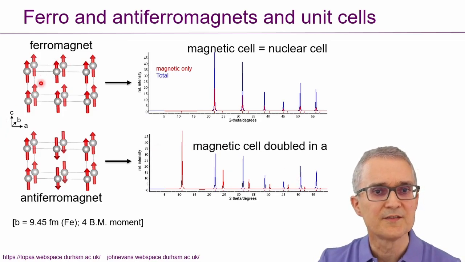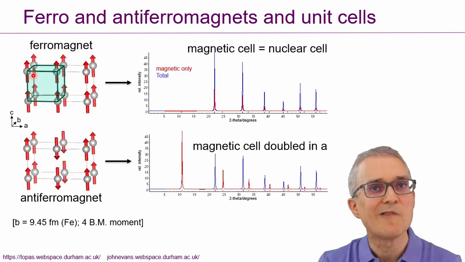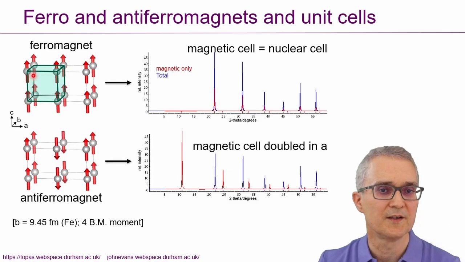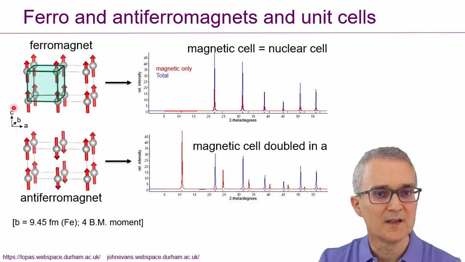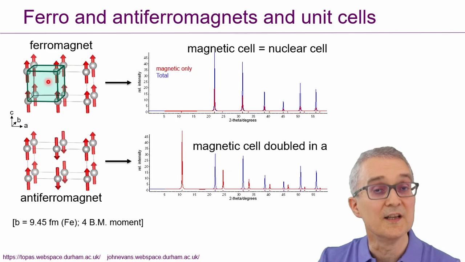If we look at this first example, the ferromagnetic example, the nuclear unit cell giving rise to the nuclear scattering is this simple green cube that I've just highlighted on the screen. And can you see that in this first simulation, the nuclear unit cell in green is the same as the magnetic unit cell, which represents the moment orientations.